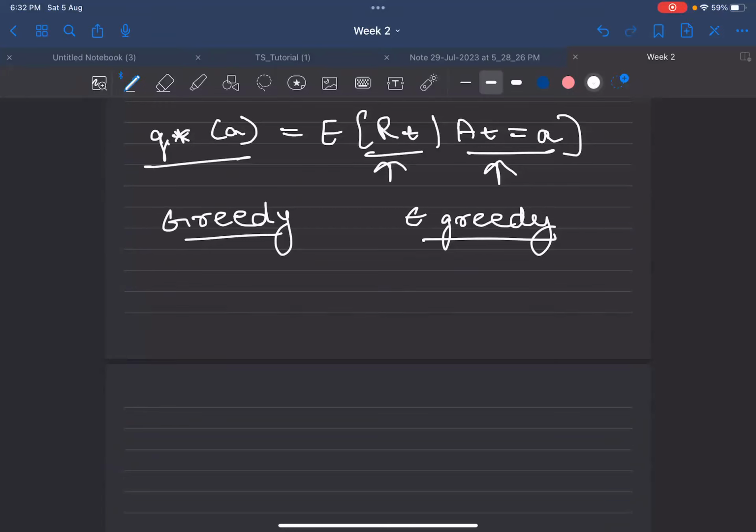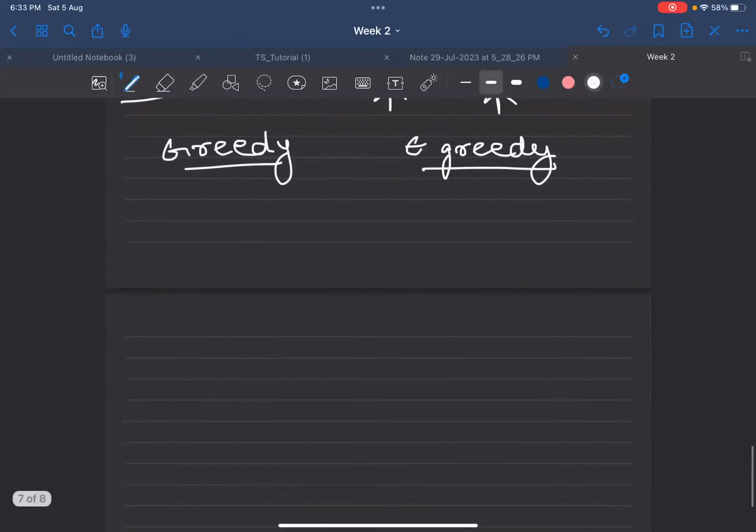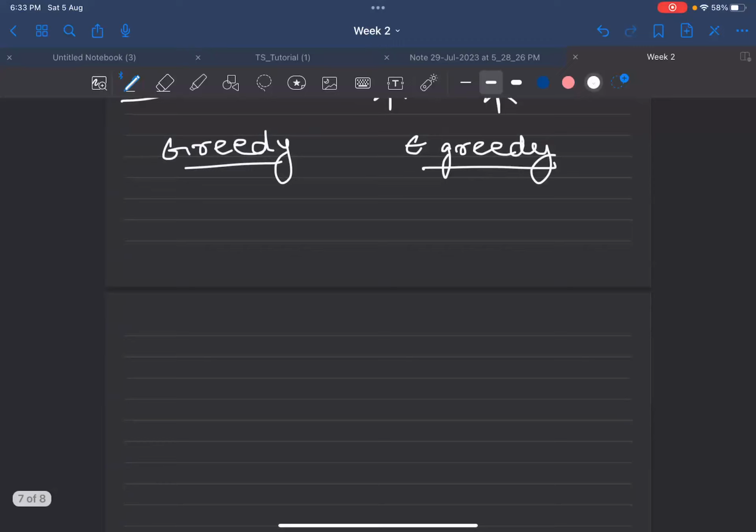Okay. So sorry, just to clarify, isn't Q star the true value? Yes, you are correct. Thank you for pointing out. That is the true value, that is the expected value. Am I correct? Let's proceed.